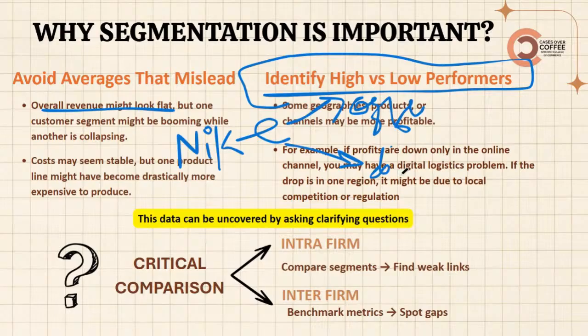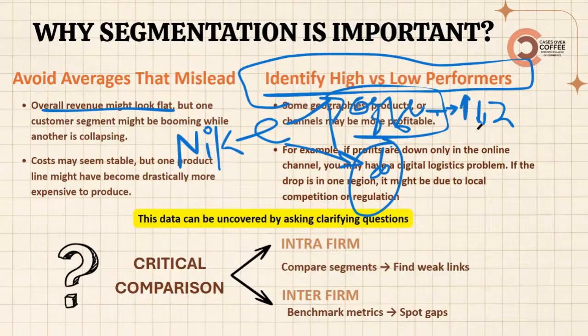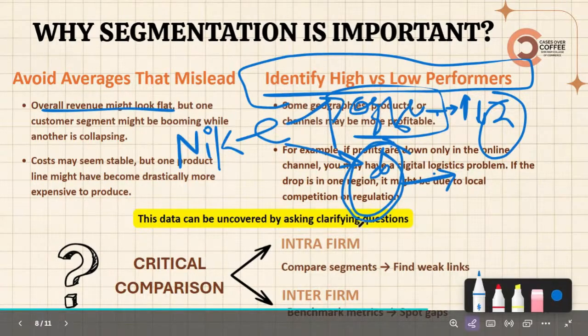Now we'll try to understand and break down the problem accordingly, as segmentation is helping us find the problem. Let's say the entire revenue of Nike has fallen down by 20%, but their offline stores revenue has increased. It means the problem mainly lies with the online. So we'll focus our entire discussion and entire focus on the online part.